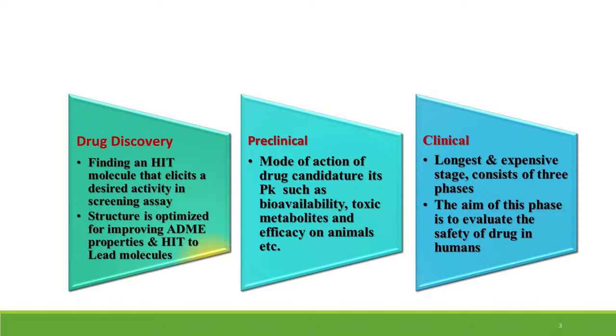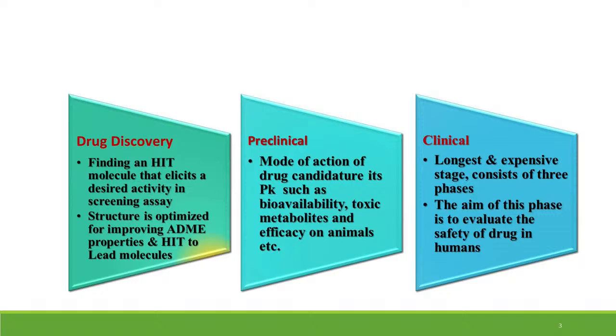The hit molecule will be optimized to optimal affinity, selectivity, and reduced toxicity, and mainly solubility, that is water solubility and lipid solubility, and ADME properties. Optimizing all these properties, the hit molecule will convert to form a lead molecule.